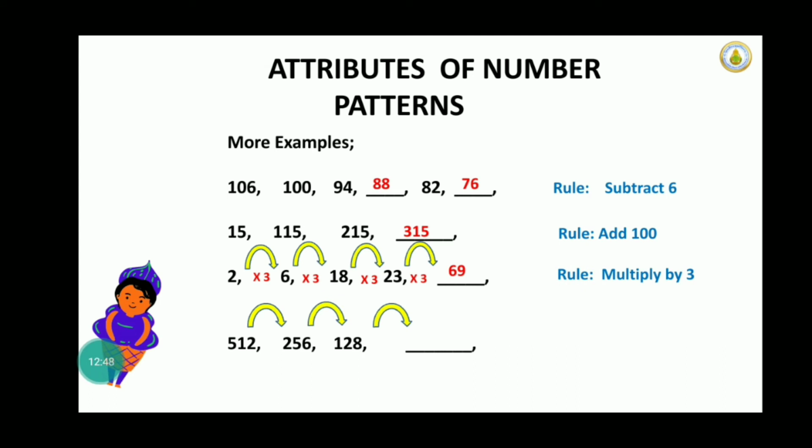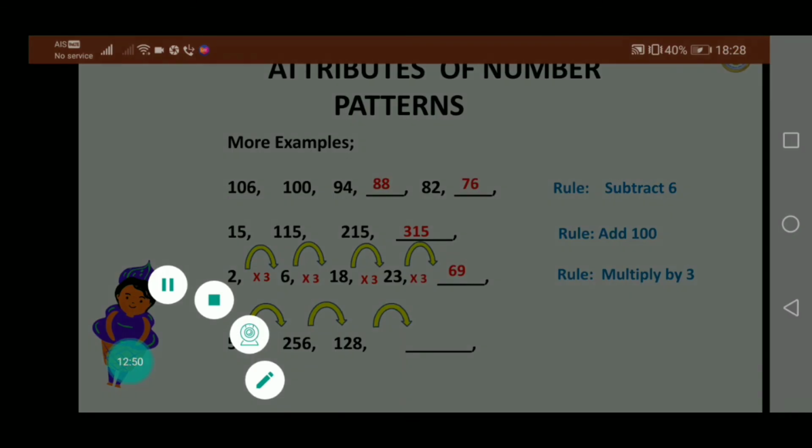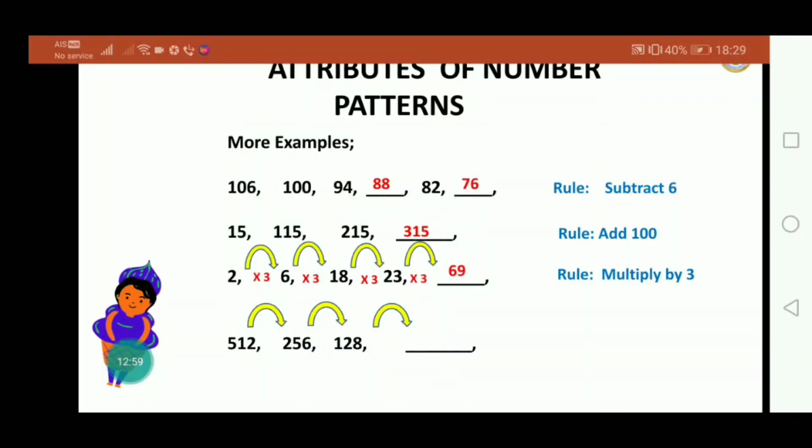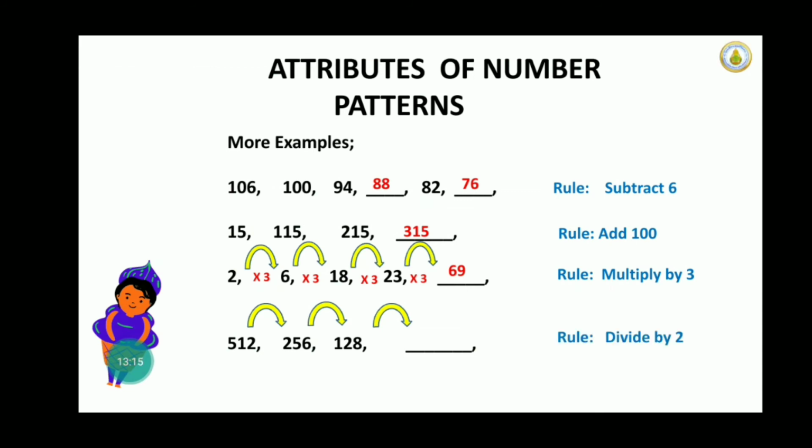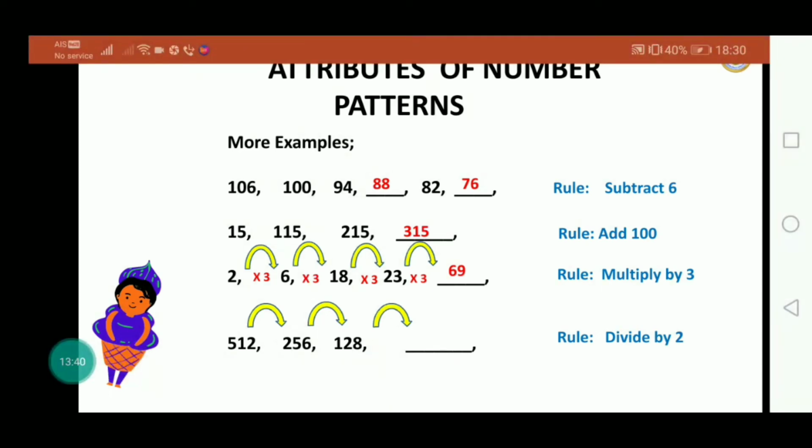Last example we have. Another example that we have is 512. Now we already did subtract, add, and multiply. Now let's do division. The rule here is to divide by 2. So 512 divided by 2 is equal to 256.